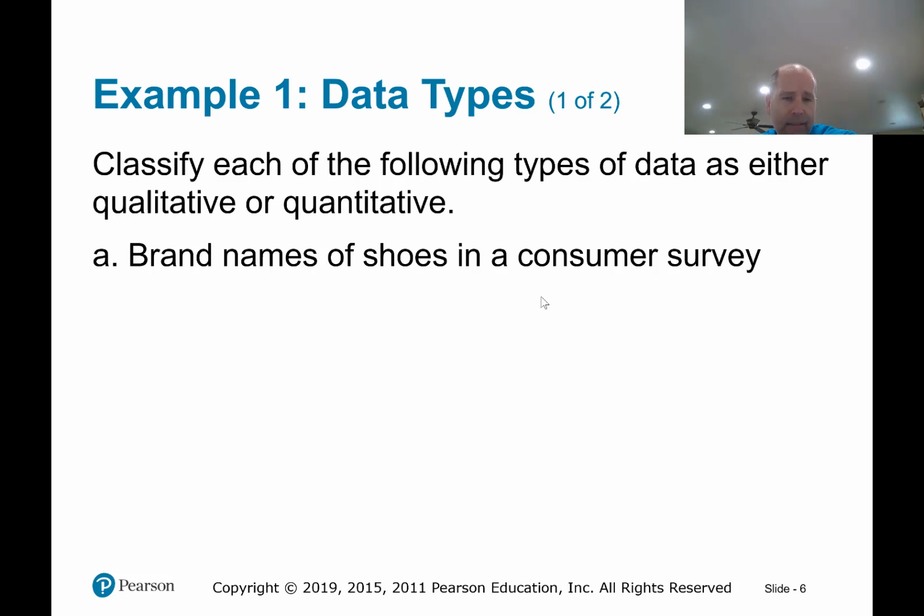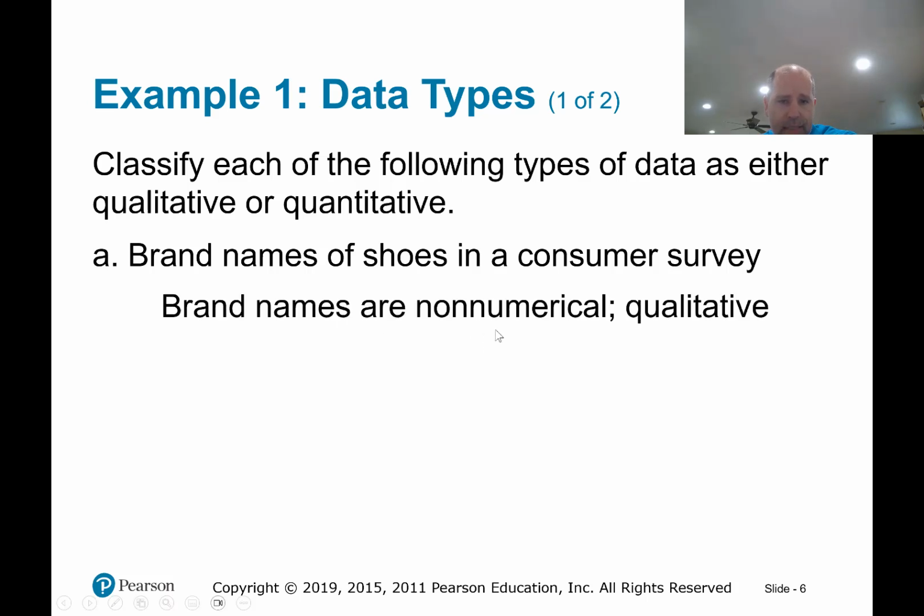When you talk about brands, that's an attribute or quality of the shoe. So in this case, it's qualitative data that we're collecting. It's non-numerical, qualitative. Okay, heights of students. Well, that is numerical, right? So it's quantitative.